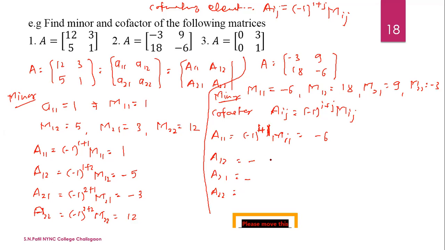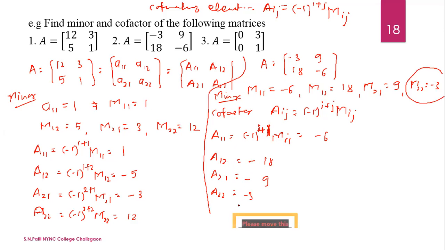Now this is the 18, this is the 9, and this is the minus 3, as it is. We keep this term as it is. So these are the cofactors. After calculating the minor, immediately you can write the cofactor. Just remember plus, minus, minus, plus.